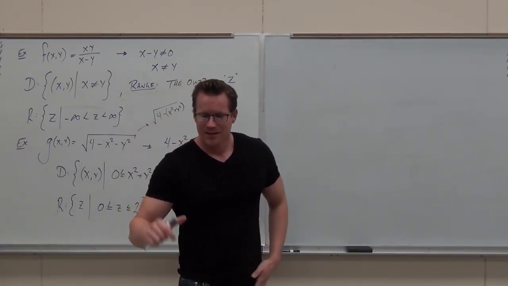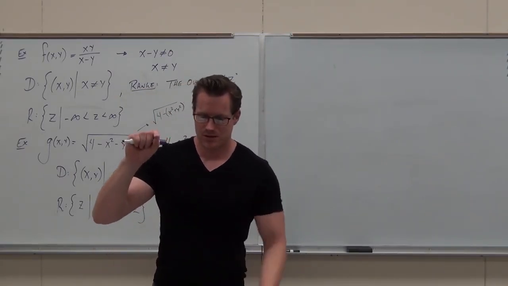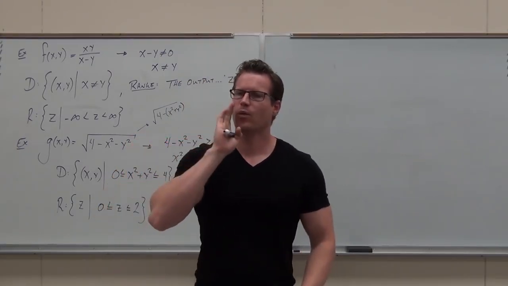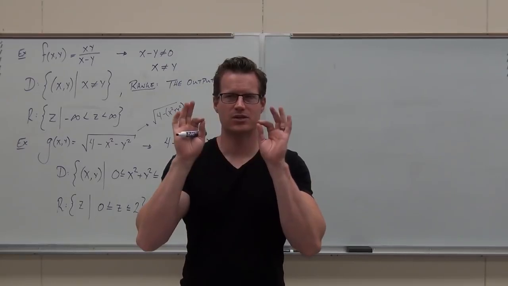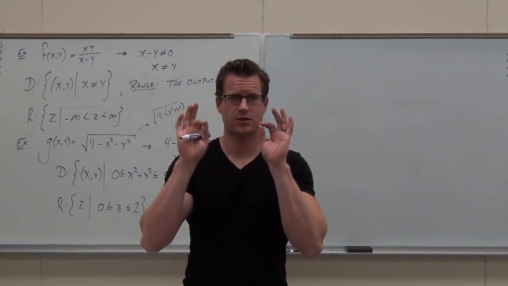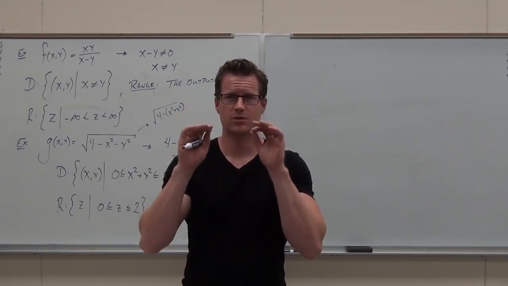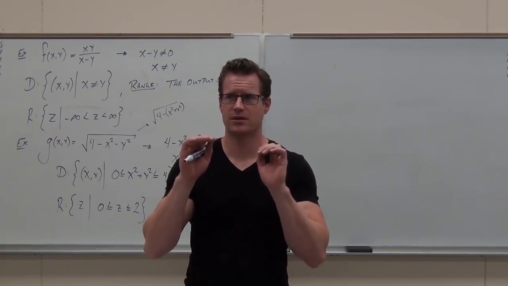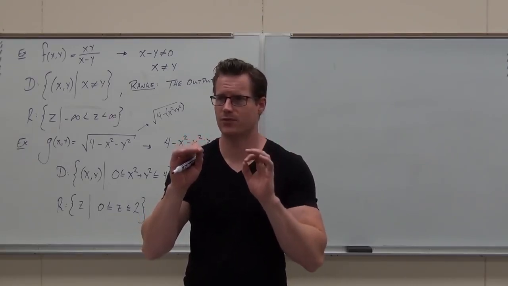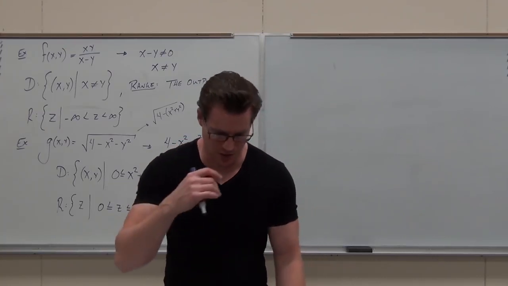Just remember this. To graph the domain, what domain? Okay, so if you have one independent variable, how many dimensions? For 2 independent variables, you need an axis for each independent variable. You need a dimension for each independent variable.